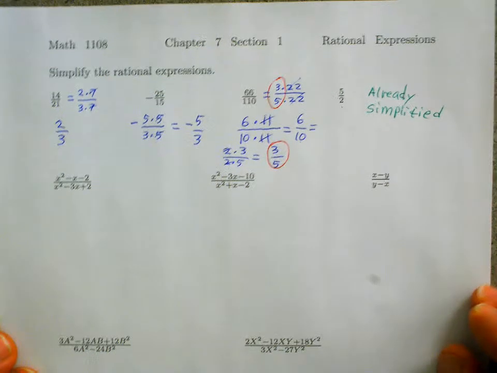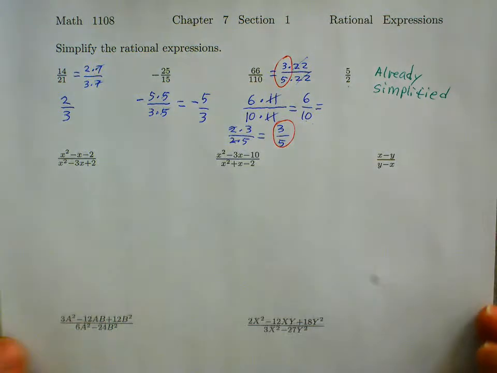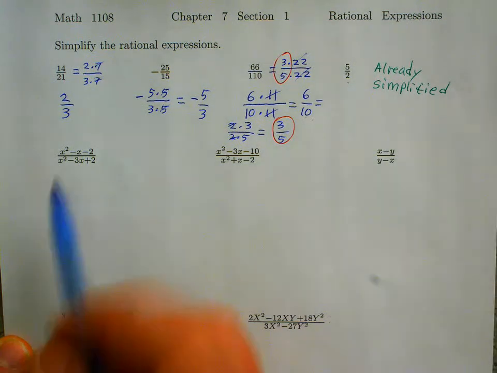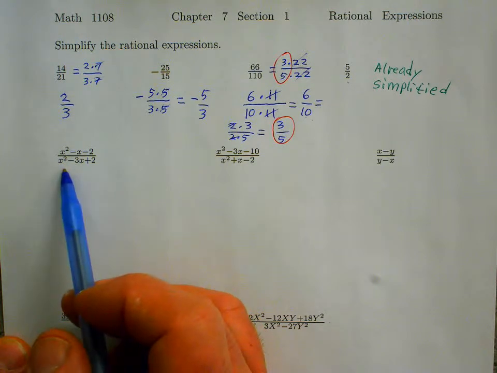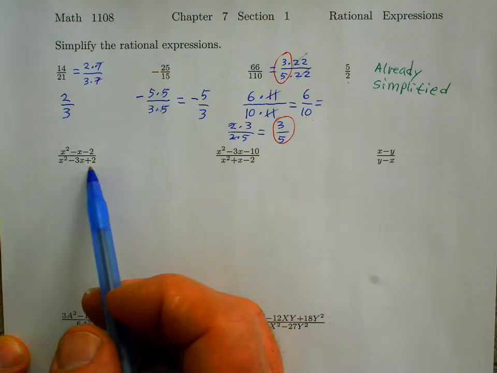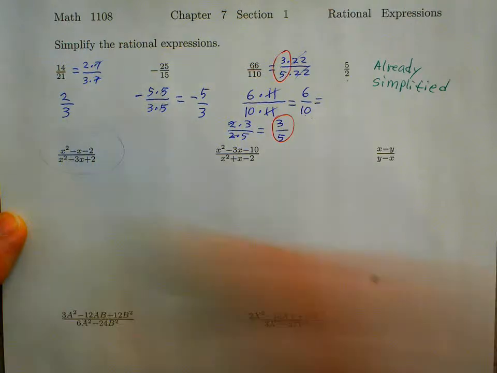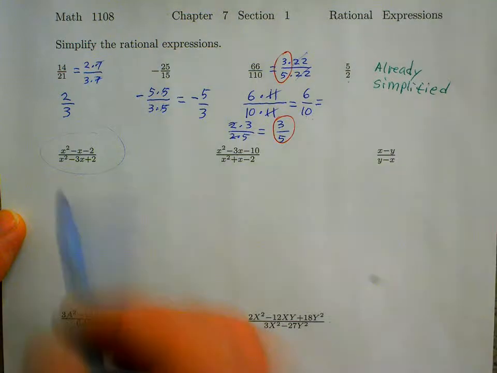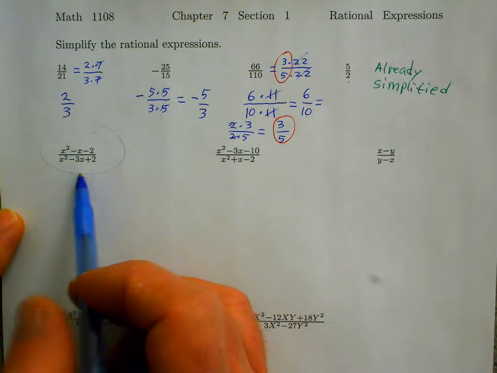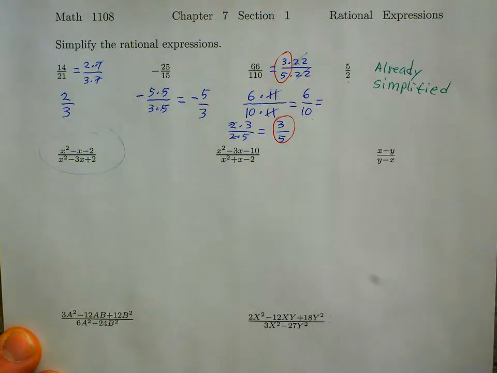Okay, we'll apply the same concept to rational expressions. So here we have x squared minus x minus 2 divided by x squared minus 3x plus 2. So on the rational expressions, we'll simplify them, but we'll also note what the restricted values are in the original expressions, because those have to be maintained throughout, even after canceling common factors.